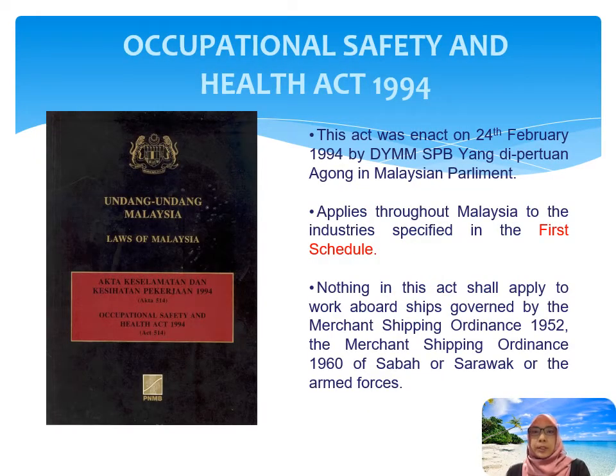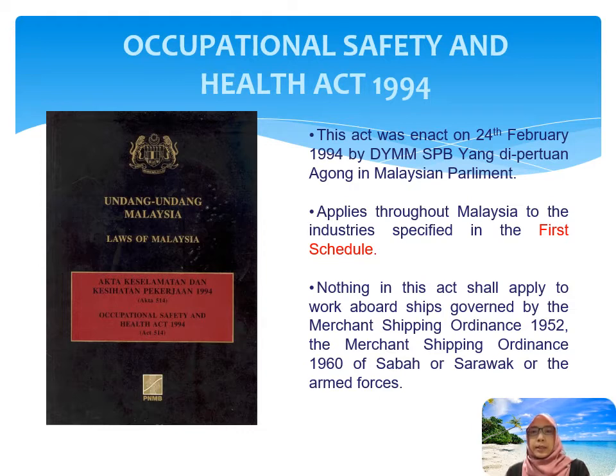OSHA 1994 was enacted on February 24, 1994 by Duli Yang Maha Mulia Seri Paduka Baginda Yang di-Pertuan Agong in the Malaysian Parliament. This act applies throughout Malaysia to the industries specified in the First Schedule.